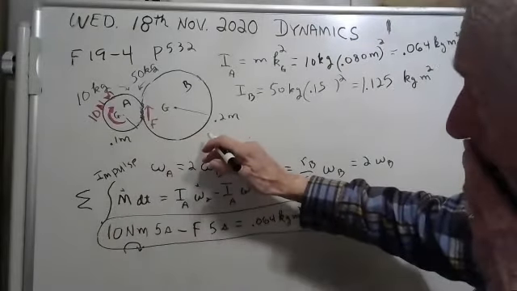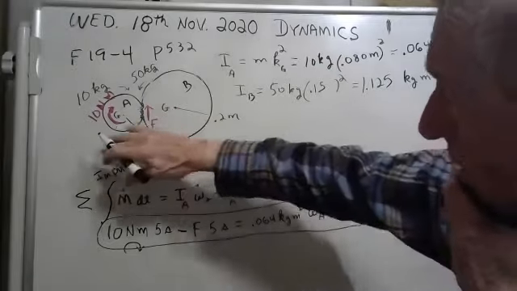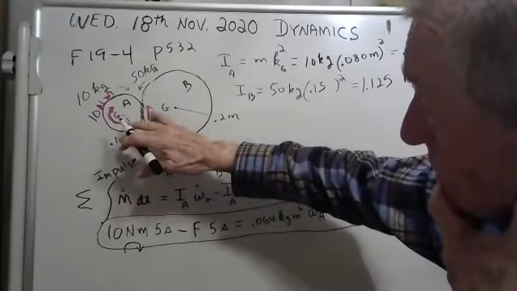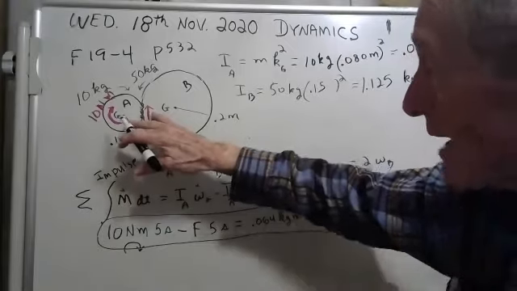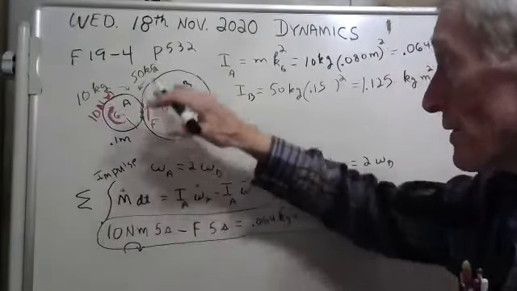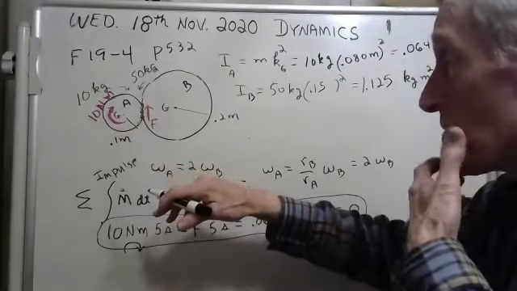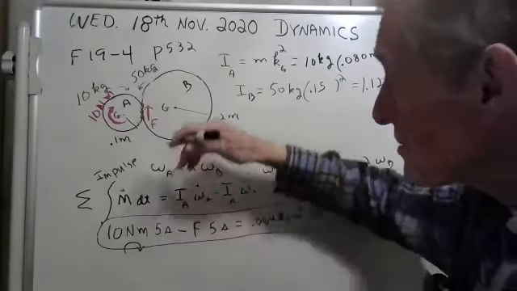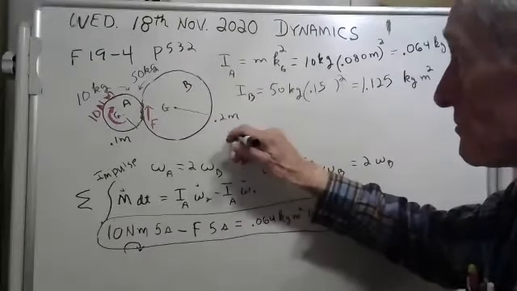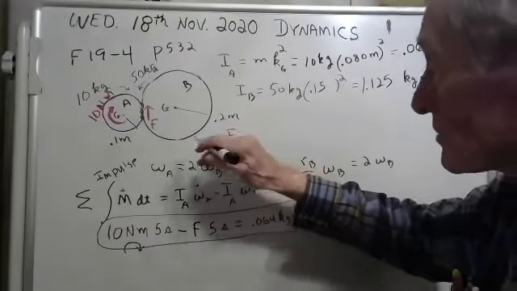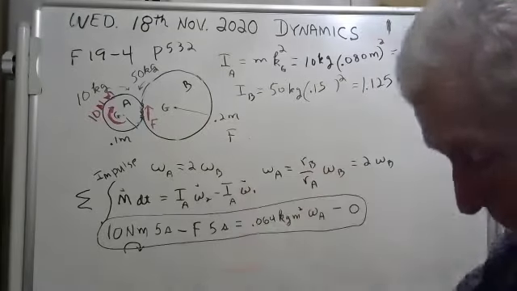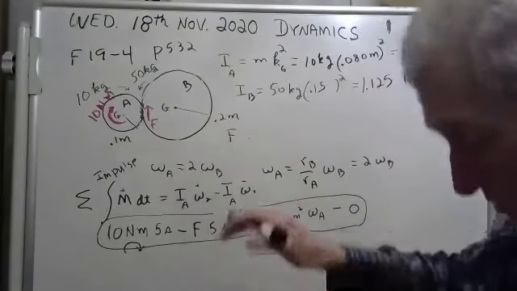Okay. Now on body B, they don't have a 10 Newton meter moment acting on it, but they do have this force. But wait a minute, that's the force on A. The force on B is going down, isn't it? The moment is equal to that force times, is it 0.2 meters?